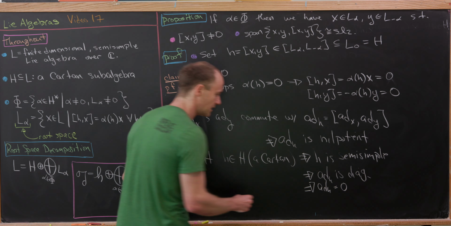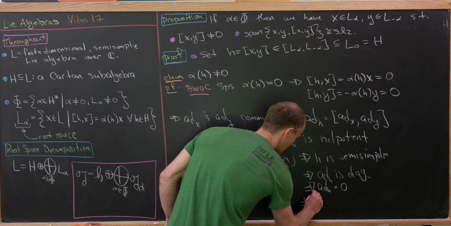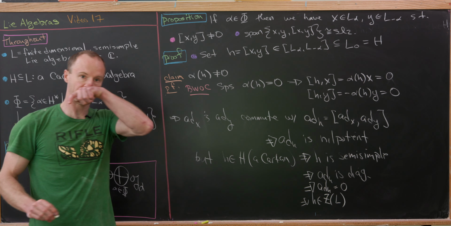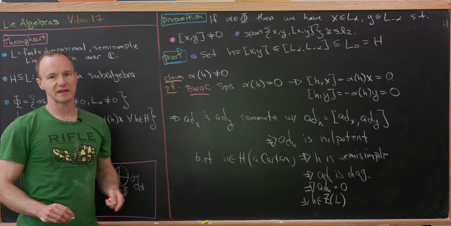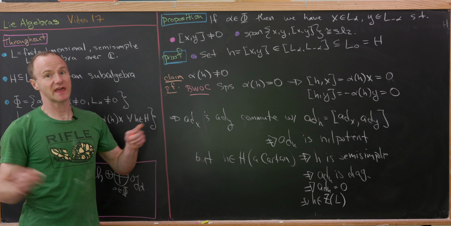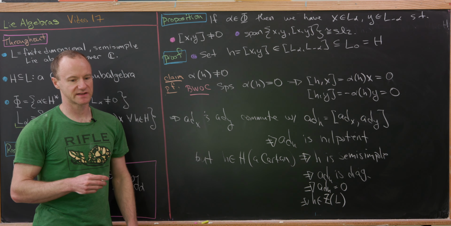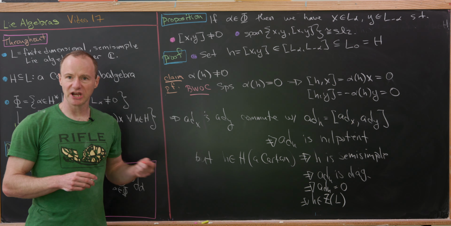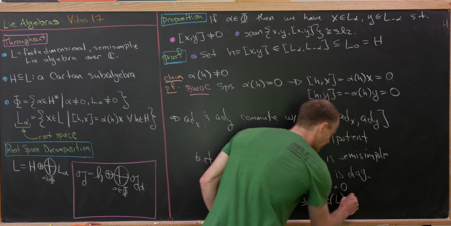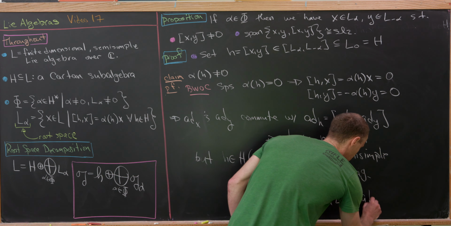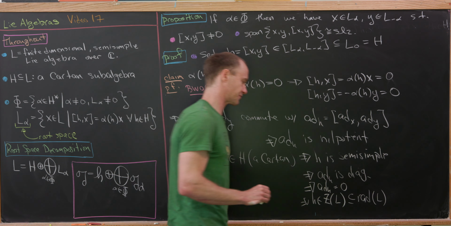But then, if ad h is the zero map, that means that h is in the center of our Lie algebra. Remember, ad h being equal to 0 means if you bracket h with anything, you get 0. But that's exactly what we need to enter into the center. But check it out, the center of a Lie algebra is a subset of the radical of a Lie algebra.